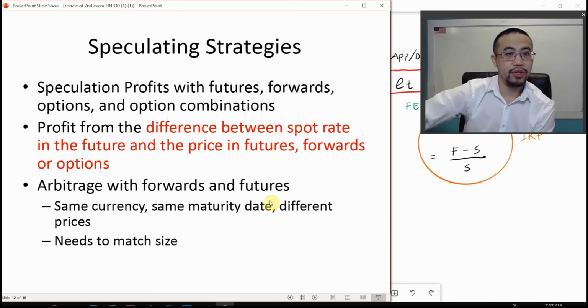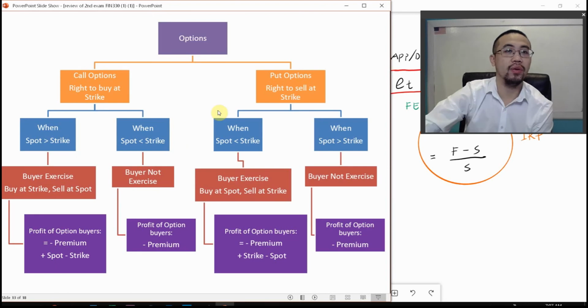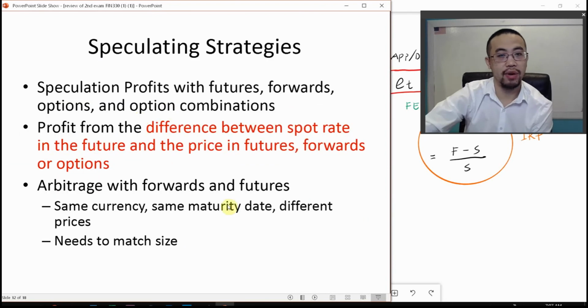And for the futures, you should know the difference between the futures, the spot rate, and the prices. And you should know how to make an arbitrage based on the futures.